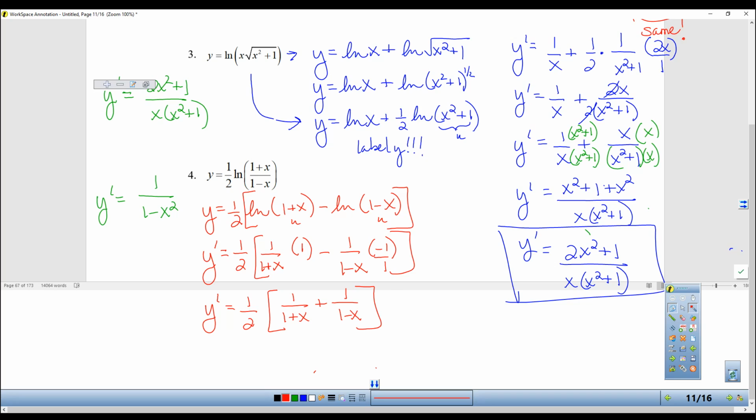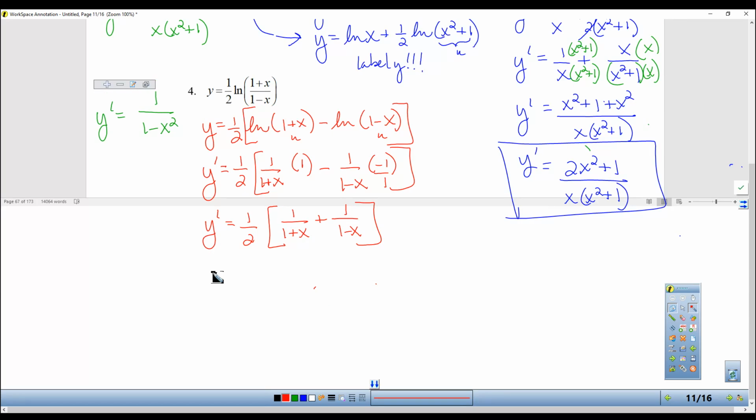Look how much tidier the actual answer is. So let's keep going. And I realize I'm showing every last little step. You can probably do some of these in your head. 1 plus x, 1 plus x. This one needs the 1 minus x and the 1 minus x. And that gives me 1 plus x plus, oh, that's 1 minus.